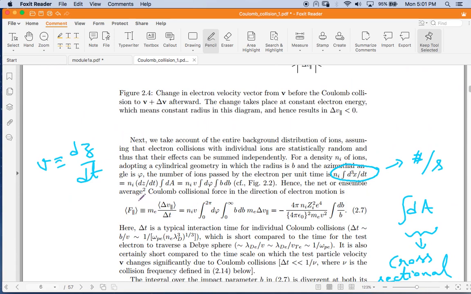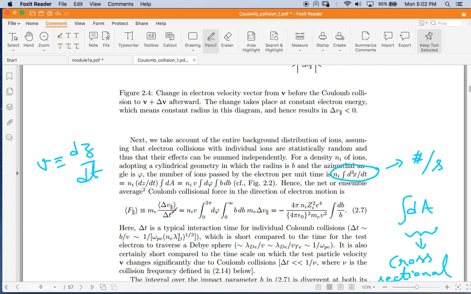We are now interested in finding the average force in the parallel direction. Is a given electron slowed down or speeded up as a result of this Coulomb collision? This is the question we're asking, and that is essentially this.